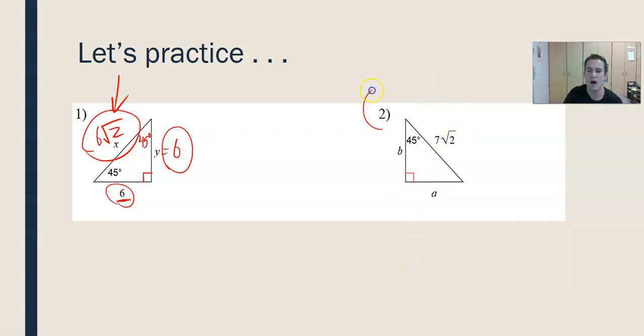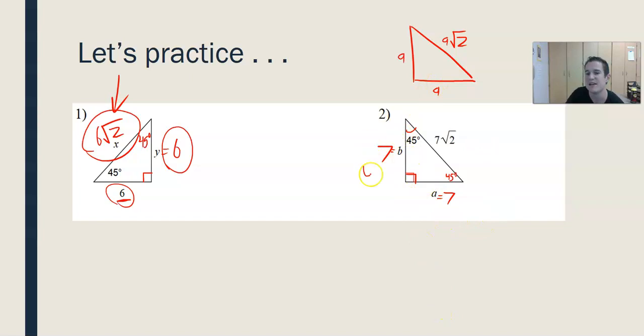Okay, on this problem, I have another 45, 45, 90 triangle. I know because I have this right angle, and I know this angle is 45, so this angle will be 45 degrees. I'm given the hypotenuse as 7 times the square root of 2. So if you remember our little 45, 45, 90 triangle, if I had A, and A times the square root of 2, so if I'm given the hypotenuse being 7 times the square root of 2, that means each of these sides must be 7.